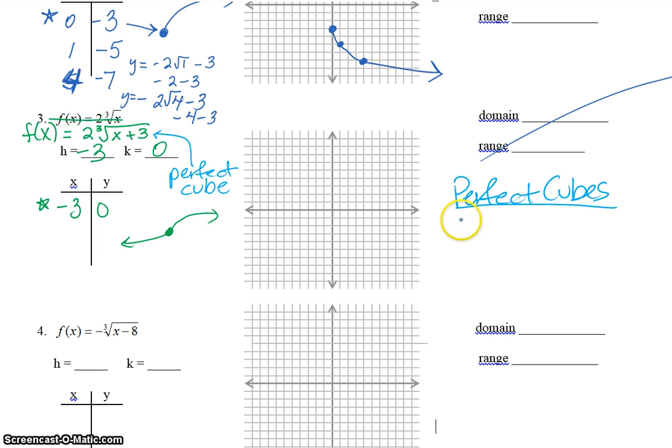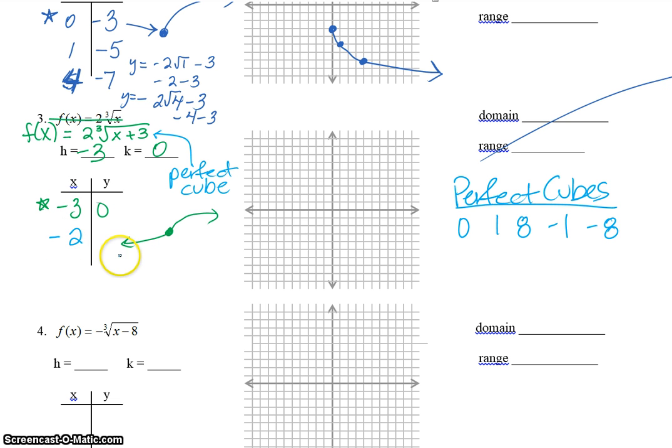Our perfect cubes are 0, 1, 8, -1, -8. We go up to 27, but most of our graphs don't go to 27. So under this perfect cube, I need to make 0. Oh, well, I already did that right here with -3. Make 1. How can I make 1 here? Well, then x needs to be -2.